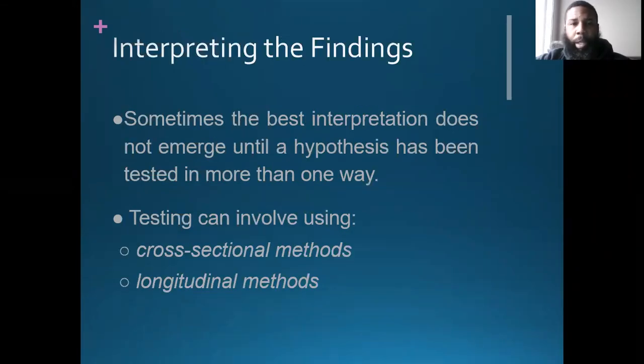So remember, sometimes the best interpretation does not emerge until a hypothesis has been tested in more than one way. So even though you have a hypothesis and you found results that either confirm or disconfirm the hypothesis, you might still need to test the hypothesis multiple times, right? Testing, do you remember cross-sectional methods? What's that?